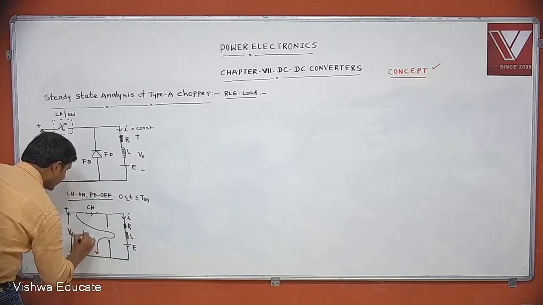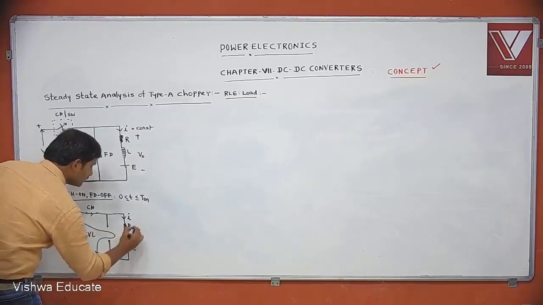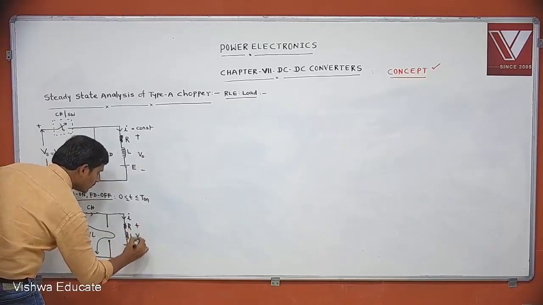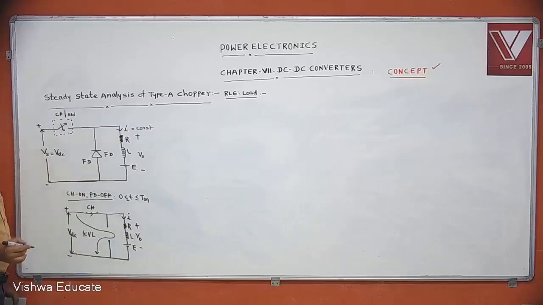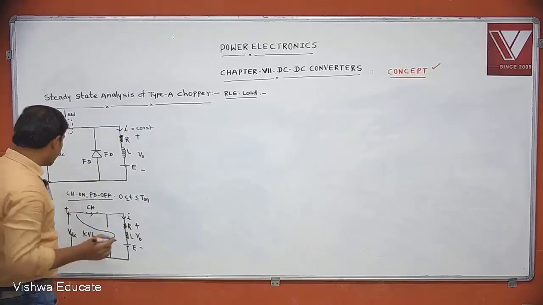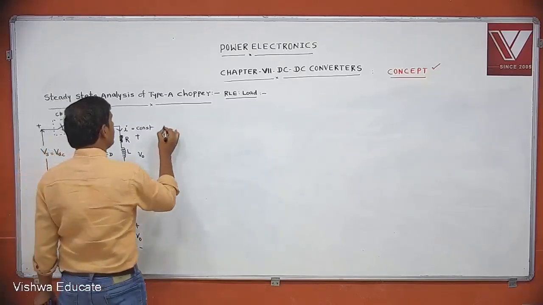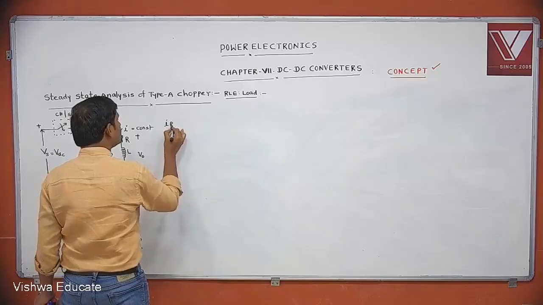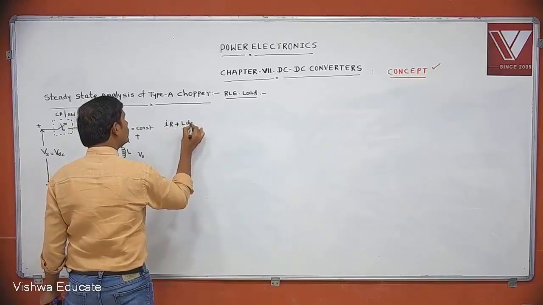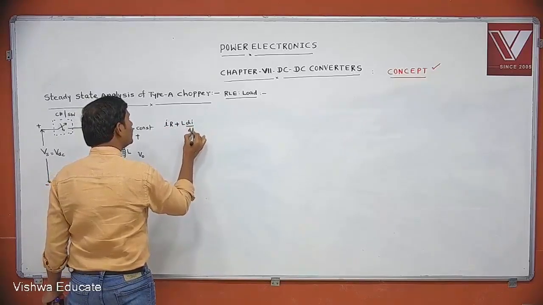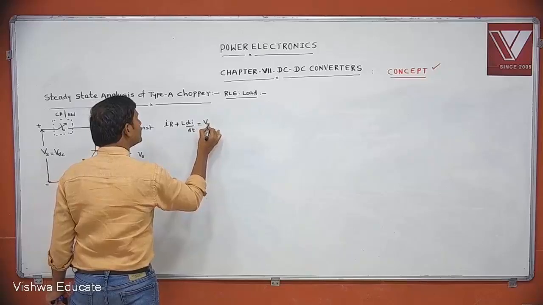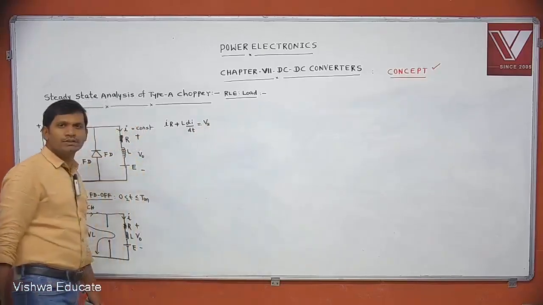Apply the KVL for this loop. Then what is the KVL? I into R plus L into di by dt is equal to Vs. Vs or VDC, any notation you follow.